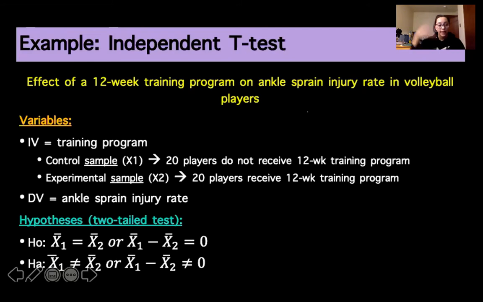We're not specifying whether it's an increase or a decrease, we're just saying there is a difference, because it's a 2-tailed test. That puts some variables and sample examples together for an independent t-test.